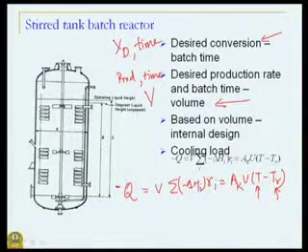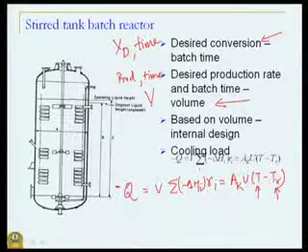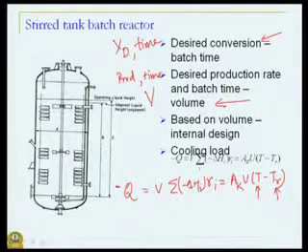So, that will complete the design of the internals. In short, this is the kind of exercise that one would have to do if we were designing a batch reactor. The case we saw was the hydrogenation of oil, which was a gas liquid solid reaction.